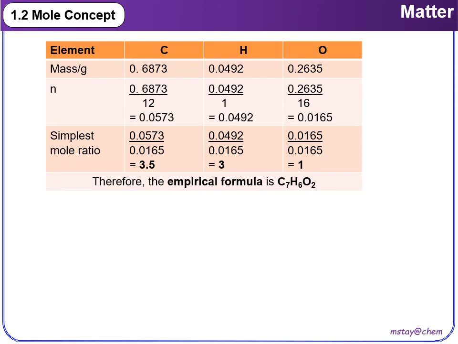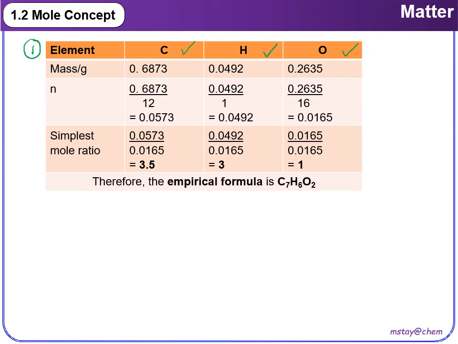Okay, in the beginning of the question, we already know that we need to find the empirical formula. So once we want to determine the empirical formula, the first thing we need is the elements. From the information given, we already know compound A contains carbon, hydrogen, and also oxygen.